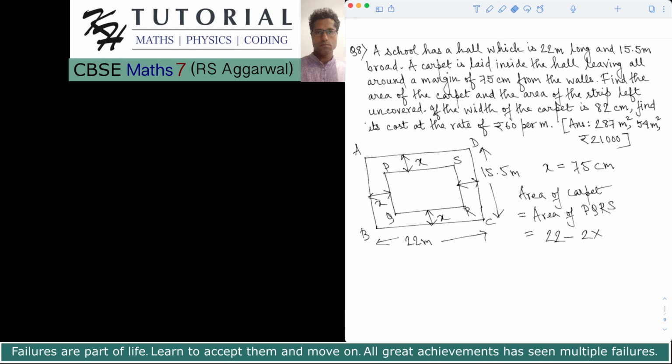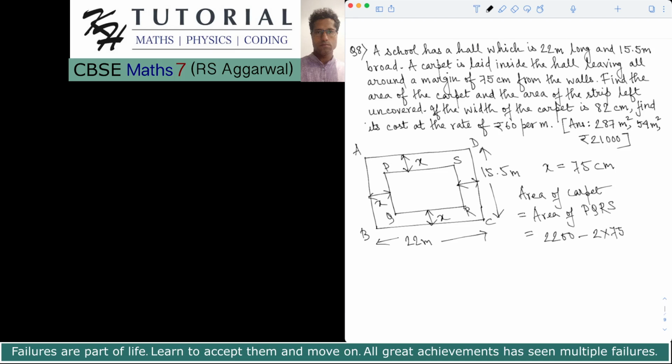So the length of the rectangle PQRS will be QR, which will be the length of the hall, which is 2200 centimeter, minus 2 times the width of the margin.